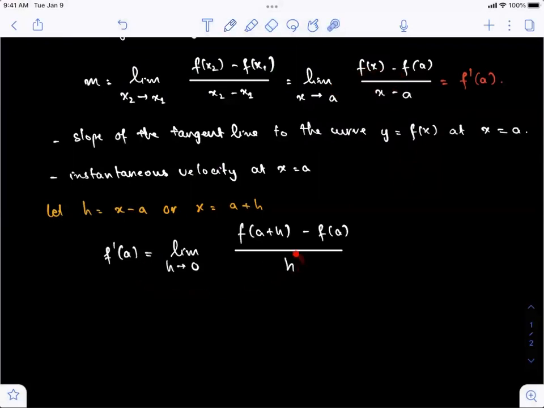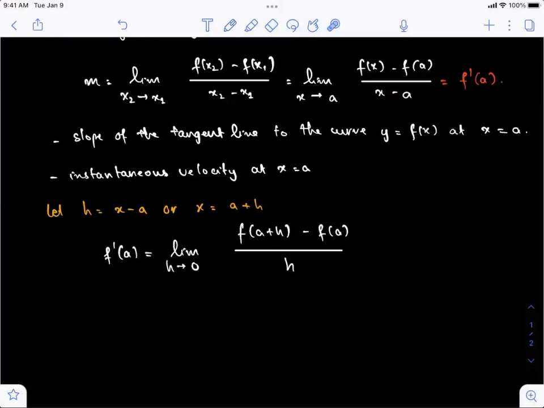Again, this formula is still used to calculate the derivative of a function at a point, or more specifically, the slope of the tangent line to a curve at a point, or the instantaneous velocity at x equal to a. This is still the derivative of a function at a point.